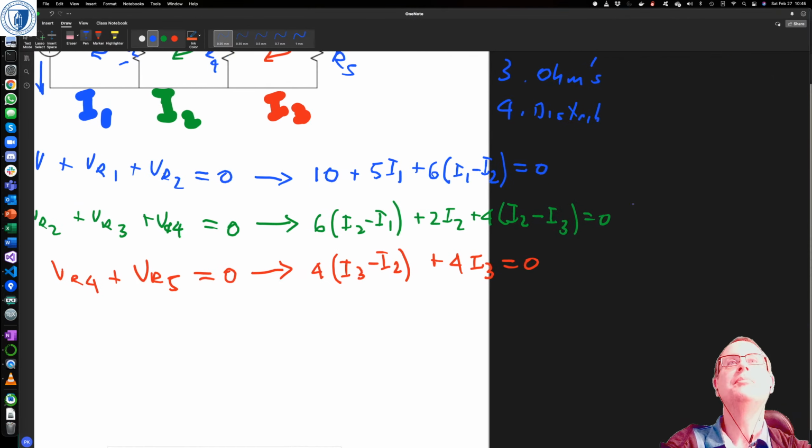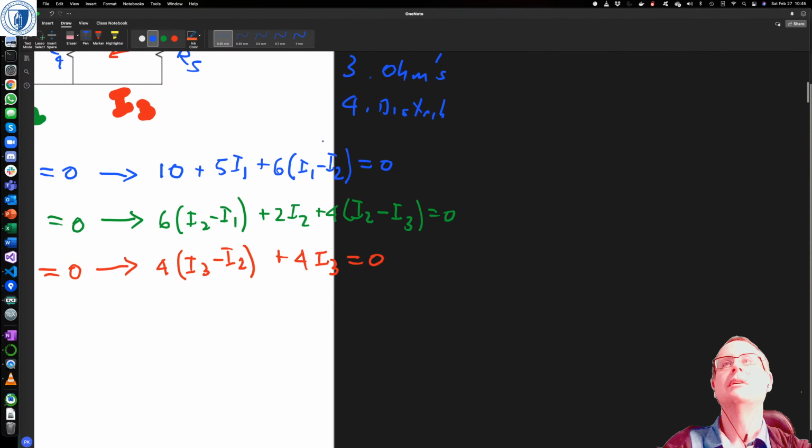So that means we have 11i1 minus 6i2 equals minus 10.